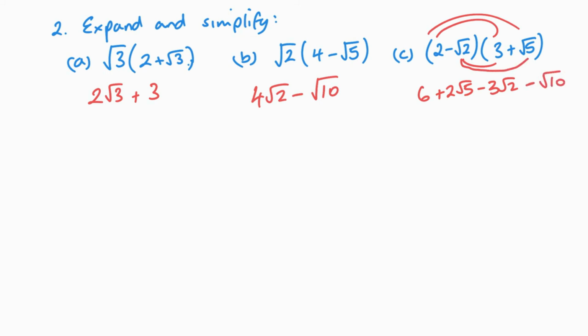There's not a lot I can do with this, as just like when you're dealing with letters, if the letters are different, you can't simplify them when you're adding or subtracting, and the same here with these surds. So the root 5, the root 2, the root 10, they're all different. So there's nothing more I can do there.